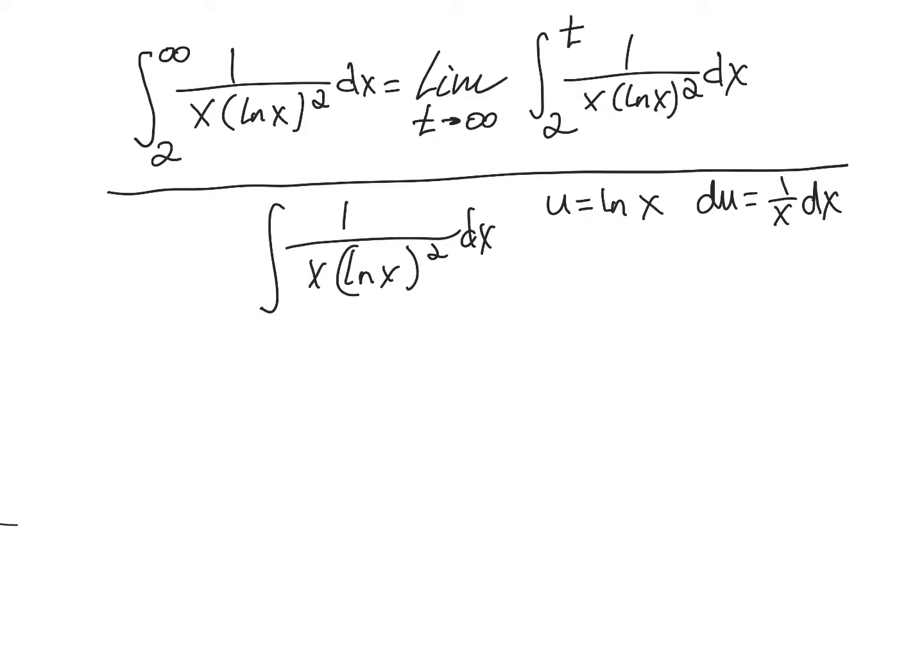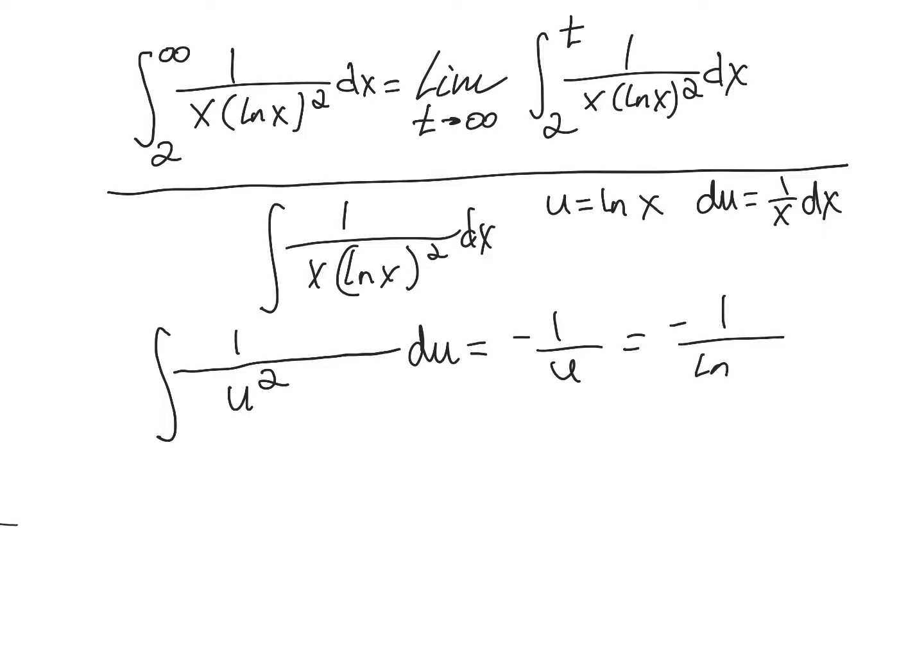The integral becomes 1 divided by u squared du, and that, of course, is minus 1 over u. And then replacing u with natural log of x, we have minus 1 over natural log of x.